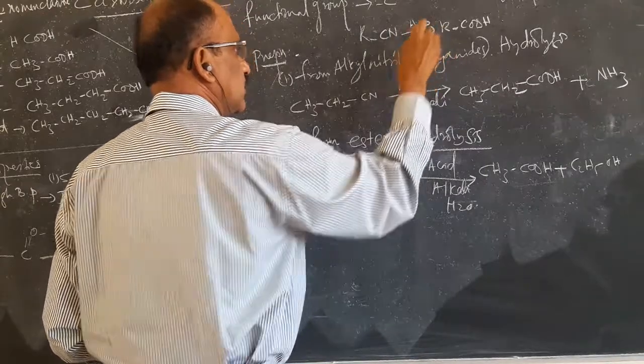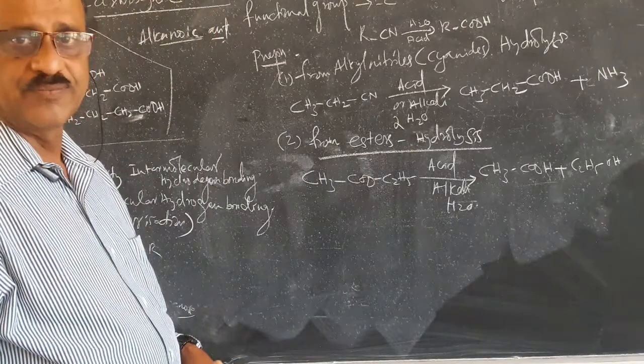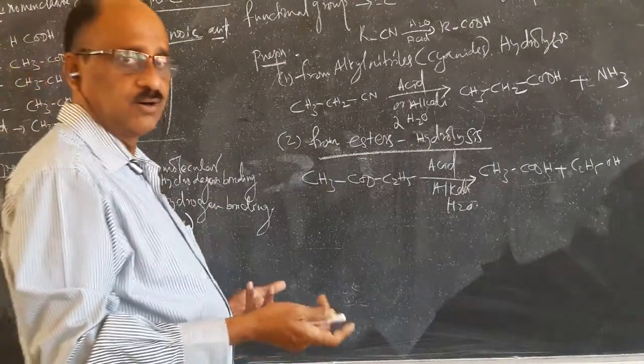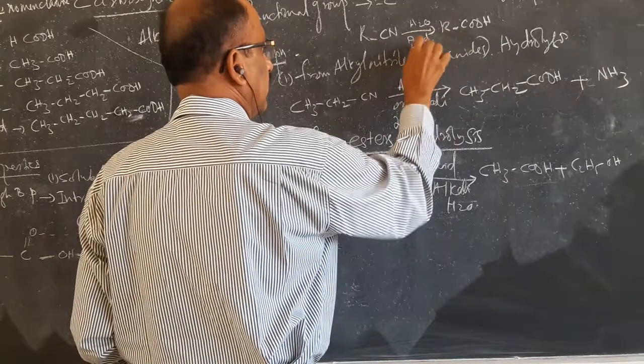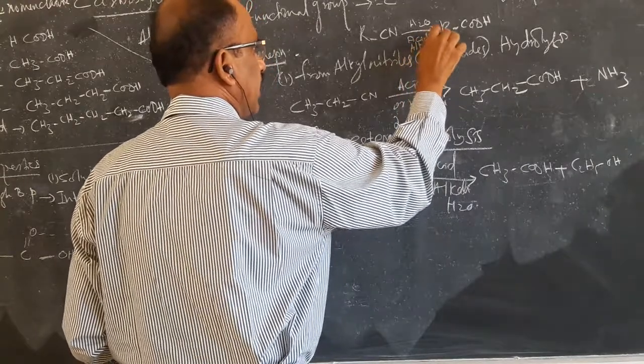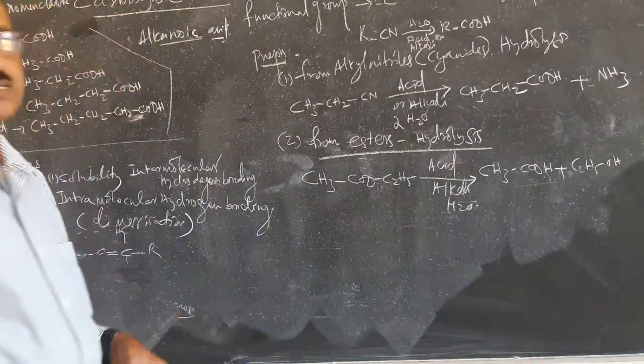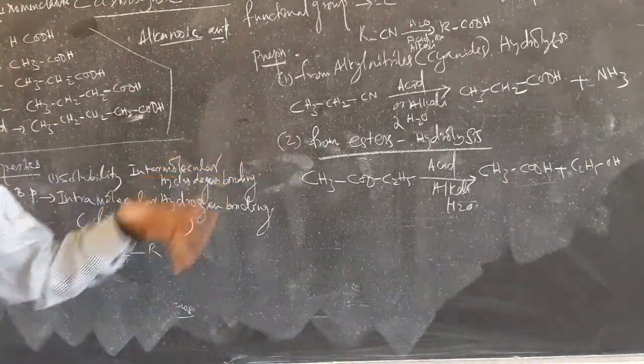Acid means HCl or H2SO4, or alkali. Alkali means NaOH. So the hydrolysis happens in presence of acid or alkali and you are getting corresponding acids.